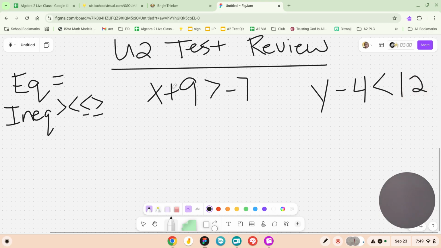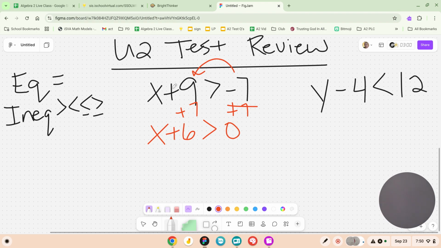When you set it equal to 0, you have to get everything over to one side so that you have room to put a 0 here. So I need to move that over. I need to say plus 7 plus 7. And that's going to be x plus 16 is greater than 0. So I'm setting that equal to 0.